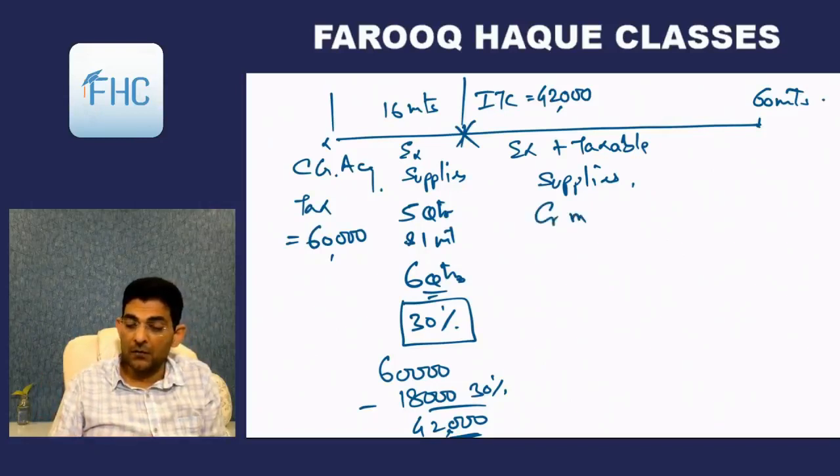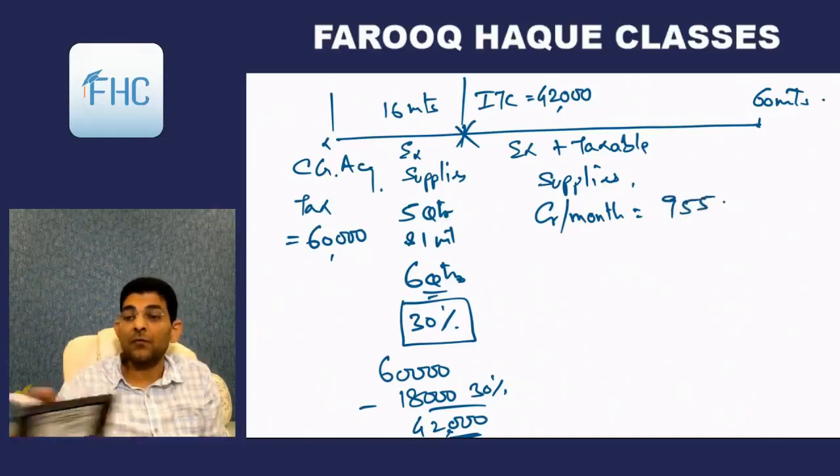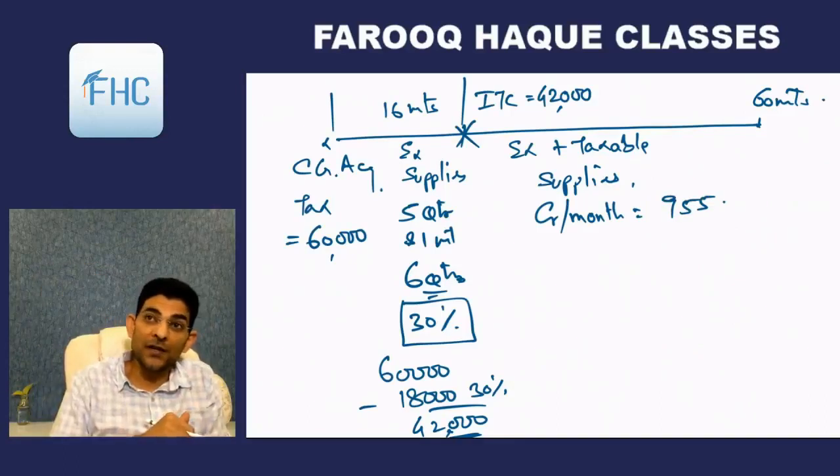So credit per month will now be 954.54, or let's take it as 955, round off. So 955 comes on per month basis. So first we'll take 42,000 credit, then per month 955.